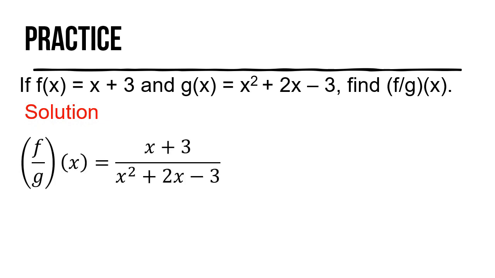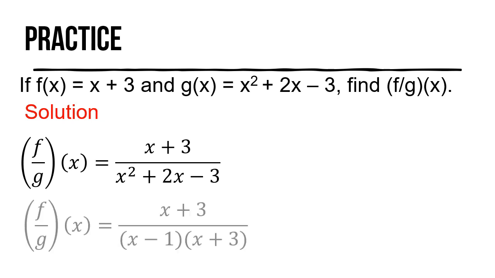So f divided by g of x is equal to x plus 3 over x squared plus 2x minus 3. So it happens that the denominator is factorable. So f divided by g of x equals x plus 3 over x minus 1 times x plus 3.